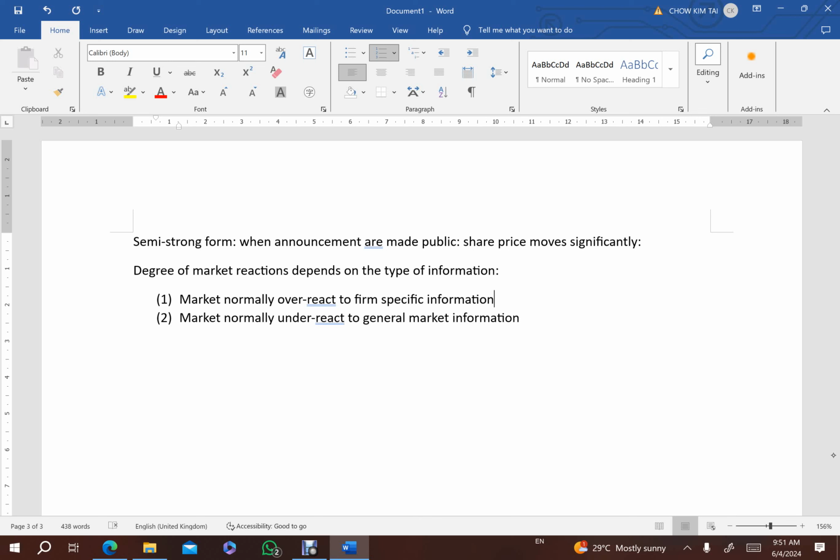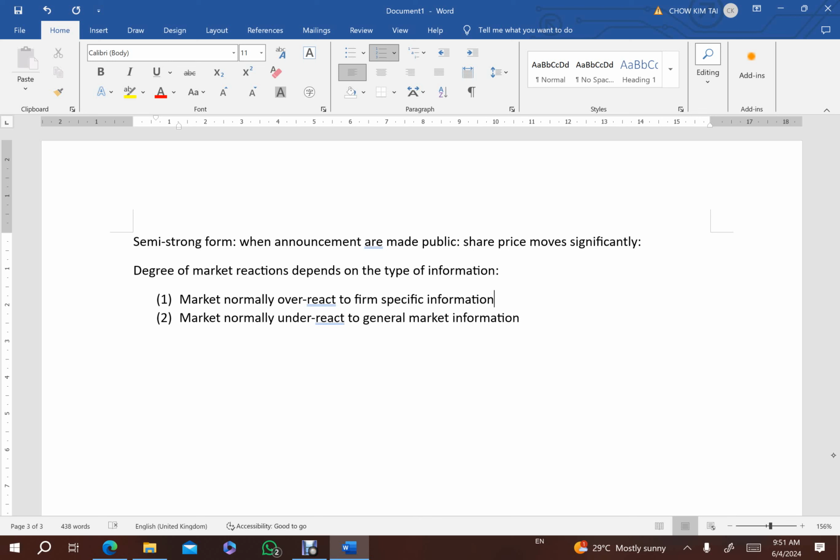Yeah, but general information, the share price people react, but not that heavily. So for example, okay, the government announced the budget and announced GDP growth has slowed down for last year. Well, the market don't really react much about that. So that is the difference. So market normally overreact to firm specific information. You can give example.